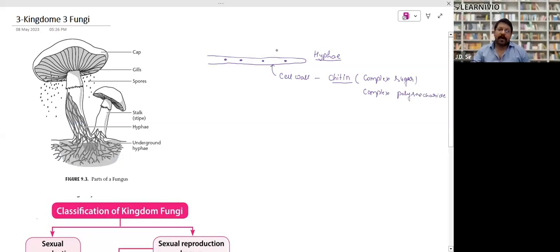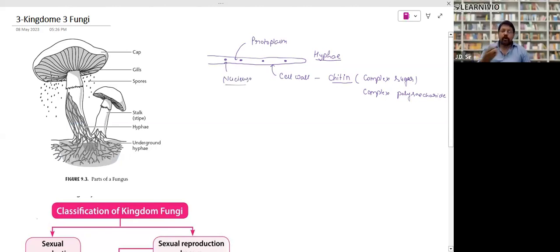Right? And there is a protoplasm, that is called protoplasm only. And these are the nuclei. And this structure is called hypha.